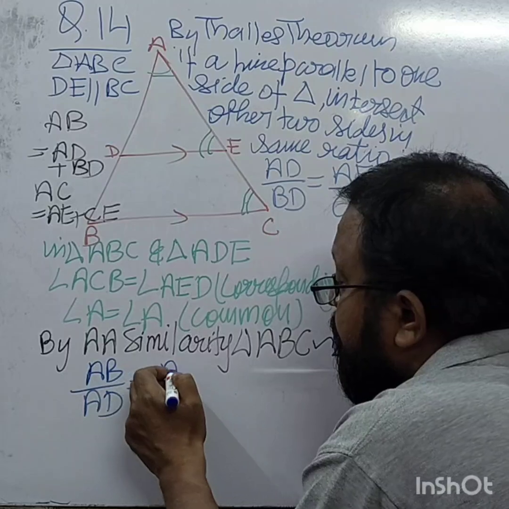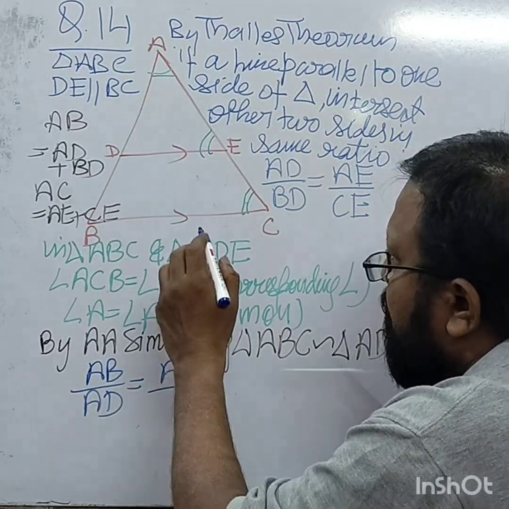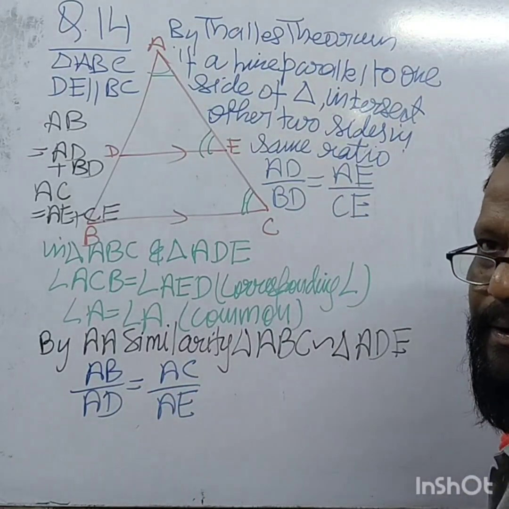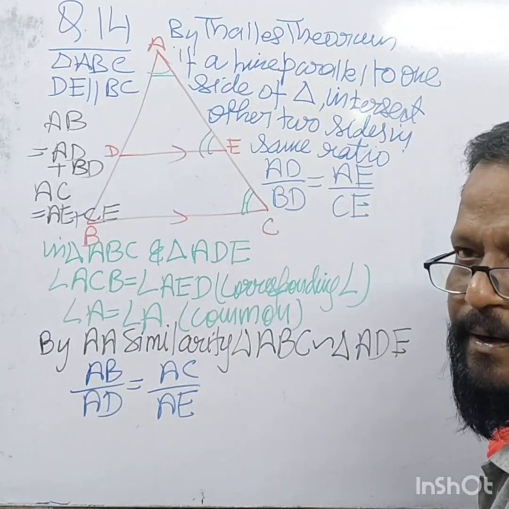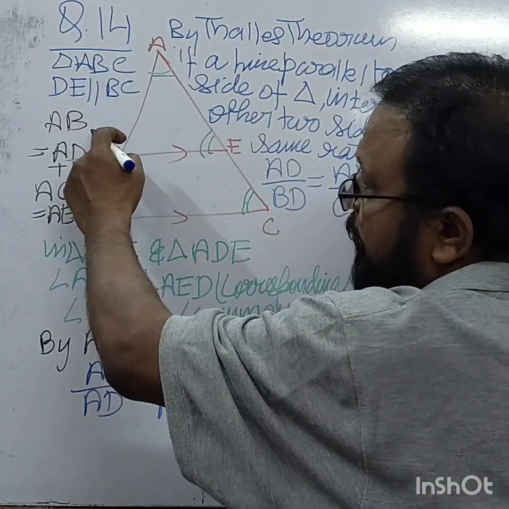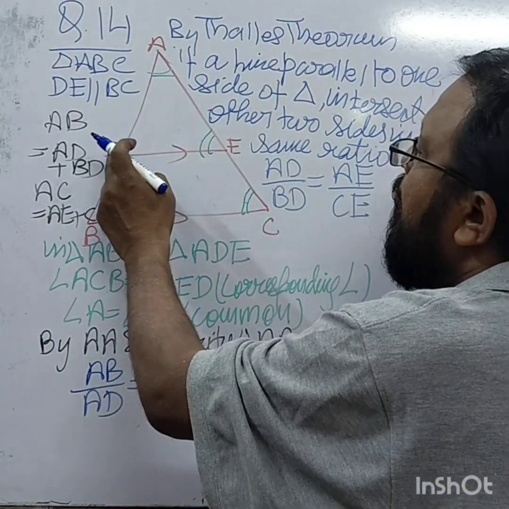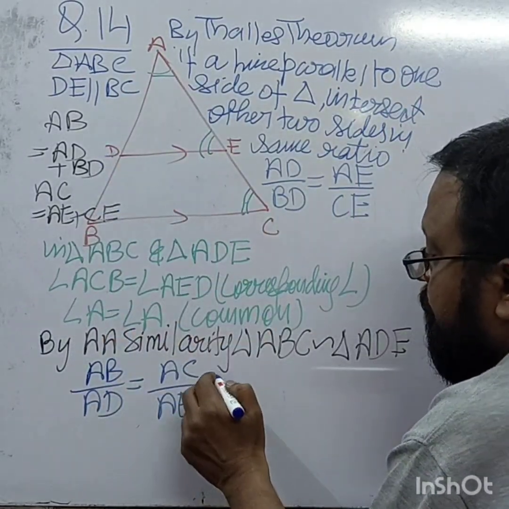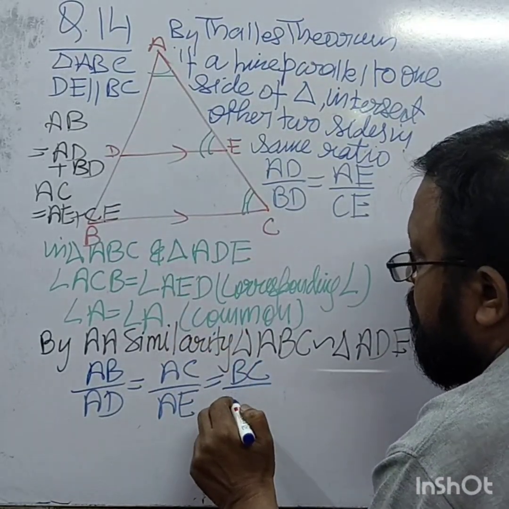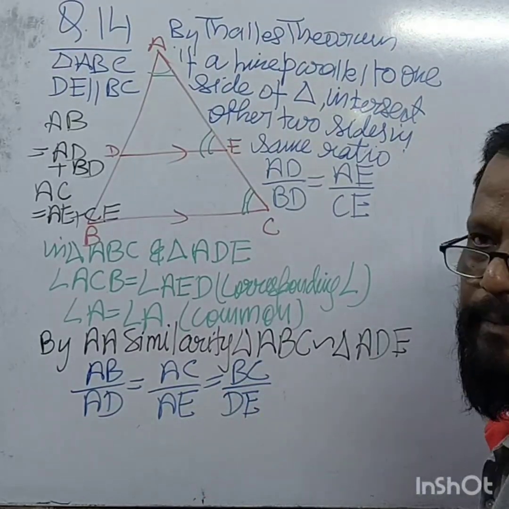AC upon AE. You get that? AB upon AD, AC upon AE, and BC upon DE. Right?